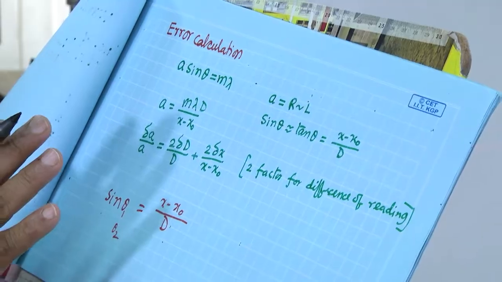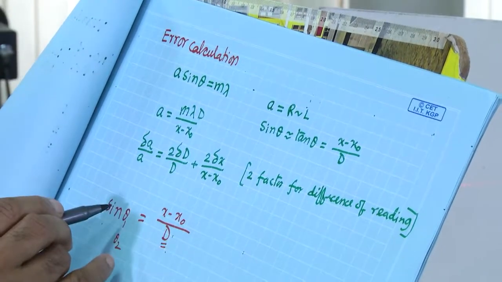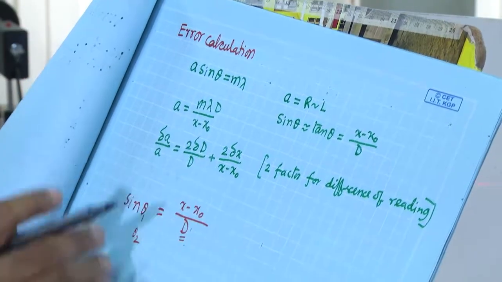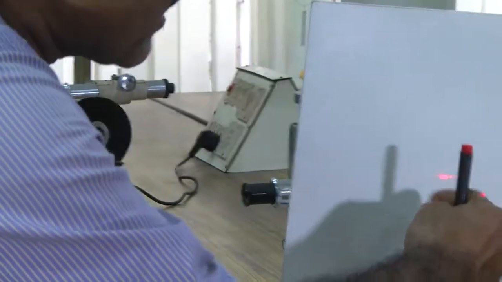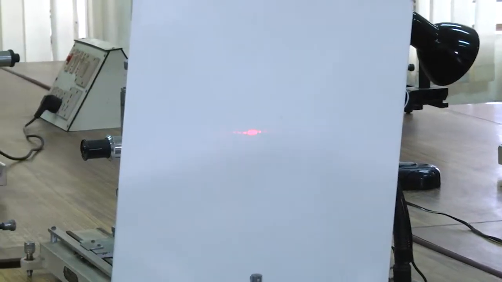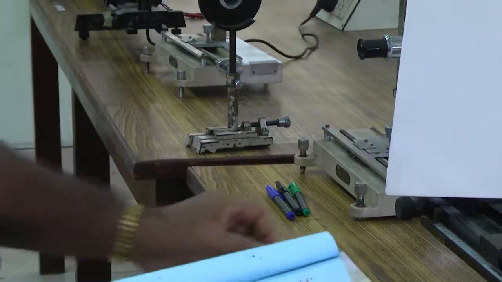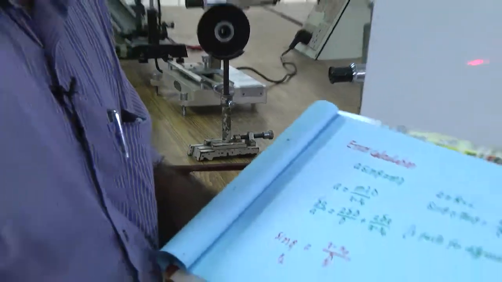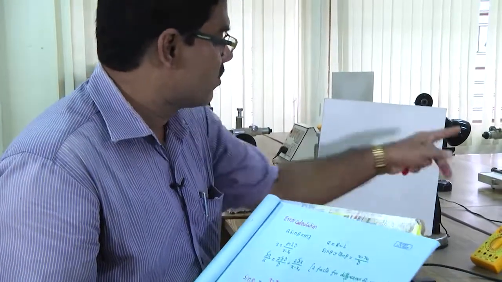What I am trying to say is, if d increases, this value x also increases for the same order. That means this first order will move to the other side. So, when d increases, you will see that this order moves to the other side.